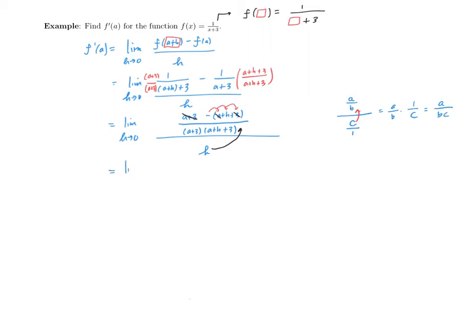So simplifying this, as we've suggested, we have a minus h in the top. In the bottom, we have a plus 3 times a plus h plus 3, and the additional h that we have brought up. So again, we have an h and an h that cancel, and things are looking quite good.